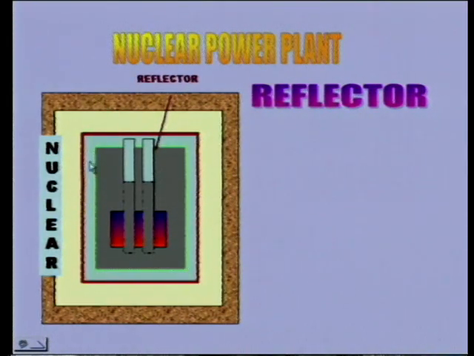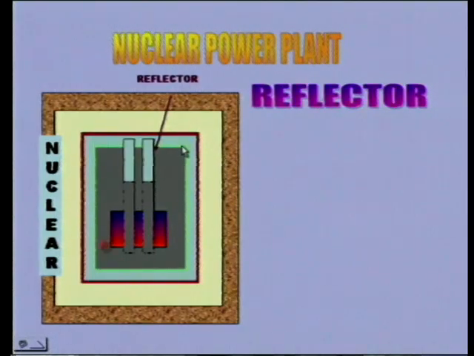So, this is the reflector. The reflector, as we have said, bounces the escaping neutrons back into the core for fission occurrence. If you observe, the neutrons are sent back into the core for fission occurrence. So, the reflector's main property is that it should reflect back and should not absorb the neutrons.